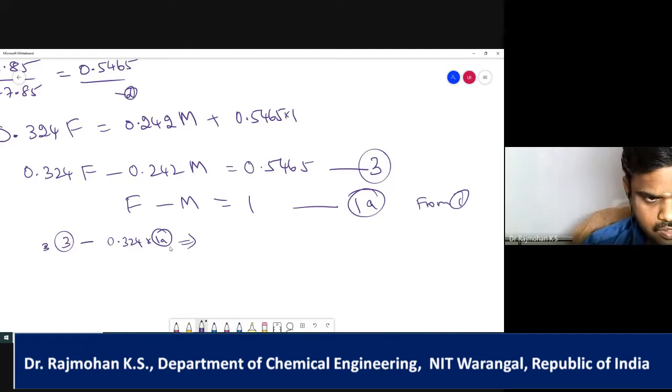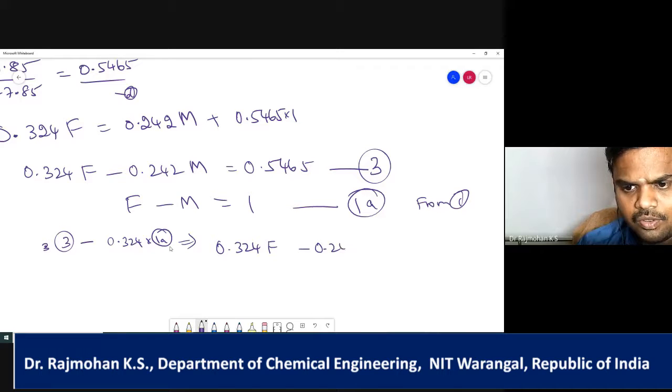Shall we do it? This equation we already have: 0.324F minus 0.242M equal to 0.5465.